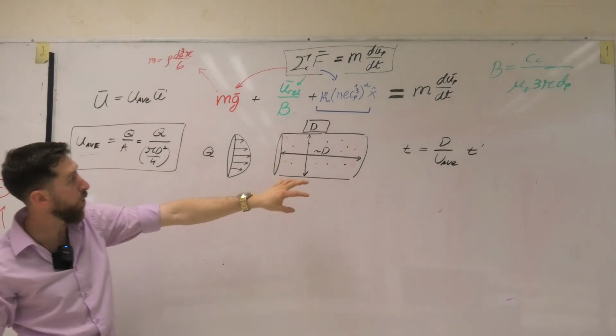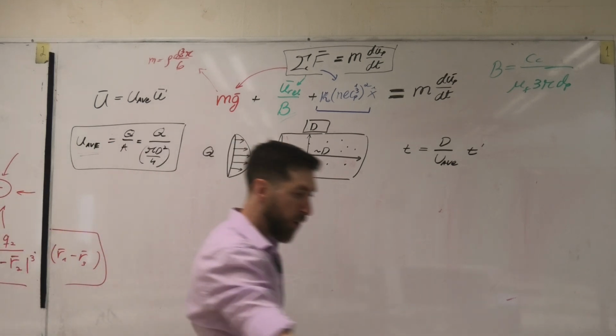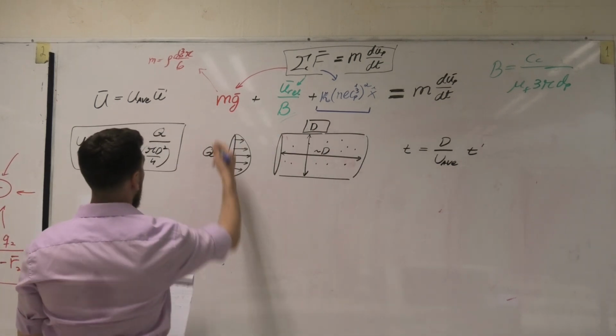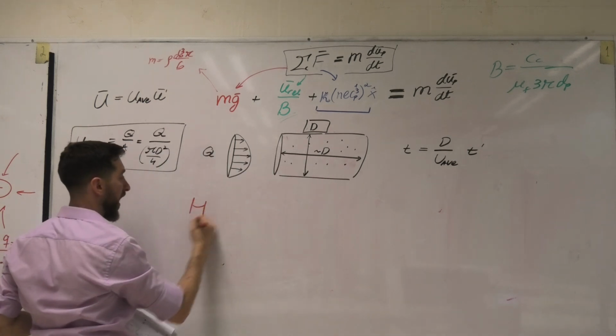So if we plug all these non-dimensional numbers into our equation, we're going to get a new equation, and we talked about it. mg would become h, right?